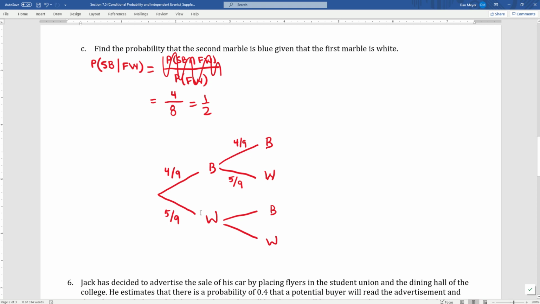If we pull a white out in the first round, then in the second, we don't put it back. So in the second round, there's only 8 marbles. We started with 5 white and 4 blue. We pulled a white one out, so now there's only 4 white and 4 blue.